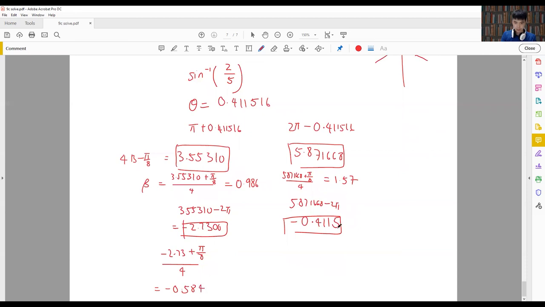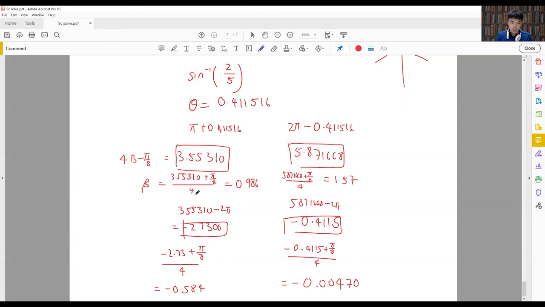And lastly, this one here, negative 0.4115 plus pi over 8 divided by 4, you would have gotten an answer of negative 0.00470. Okay, so three significant figures like this.